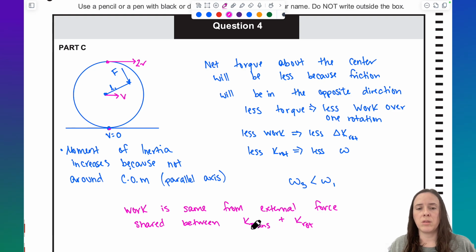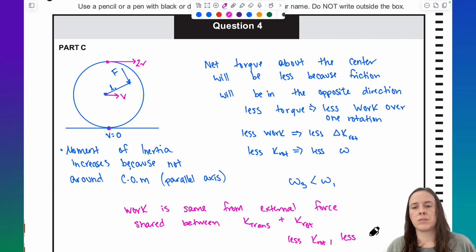So if you have to put some of that work into getting the center of mass to move, you're going to have less energy going into your K rotational. So you got less K rot, which means less omega, is another way you can think about it.